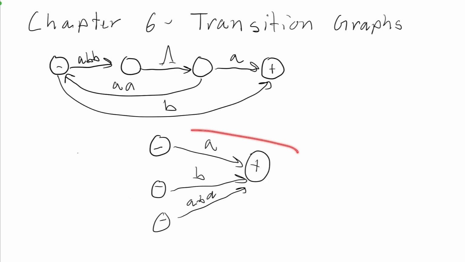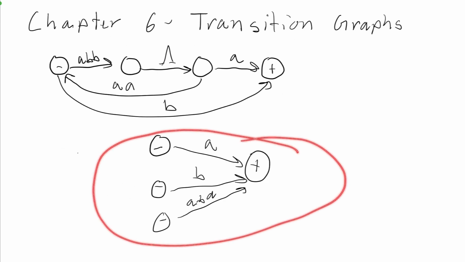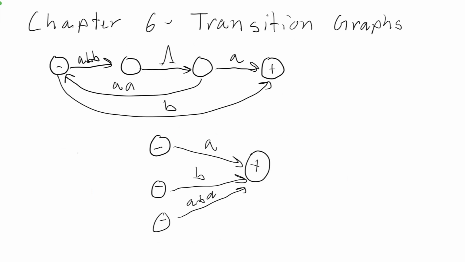And the final thing that we can do with transition graphs that we cannot do with finite automatas is have multiple start states. In a finite automata, you can only have one start state, but here we can have multiple start states. And that means that this finite automata accepts the word A, B, or ABA. Now, another way that we can do this is create one start state and have a null transition to any one of those three states.